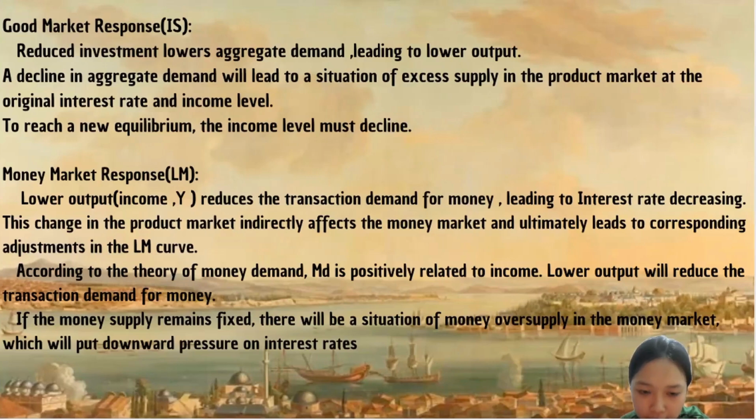According to the theory of money demand, money demand is positively related to income. Lower output will reduce the transaction demand for money. If the money supply remains fixed, there will be a situation of money oversupply in the money market, which will put downward pressure on interest rates.